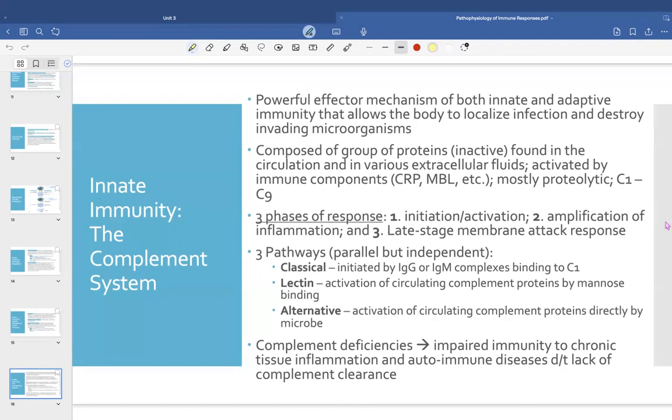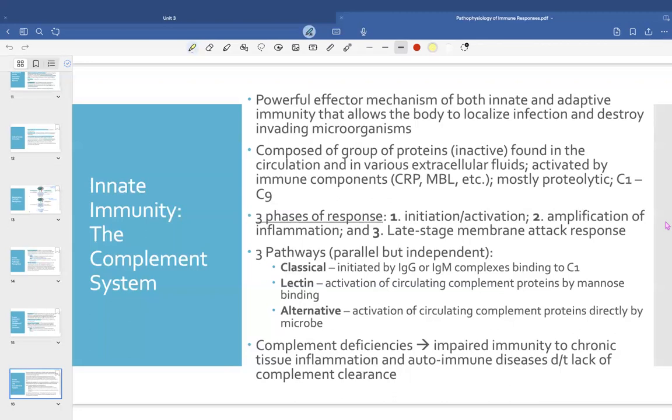And once that complement becomes activated, they are essentially proteolytic. So they're going to destroy any proteins that are in those cell membranes or cell walls. And so the whole goal is to destroy the pathogen.